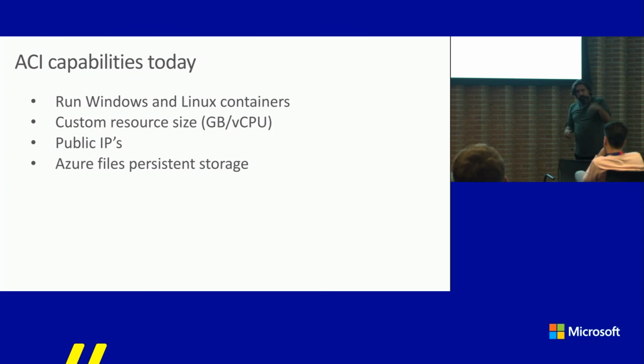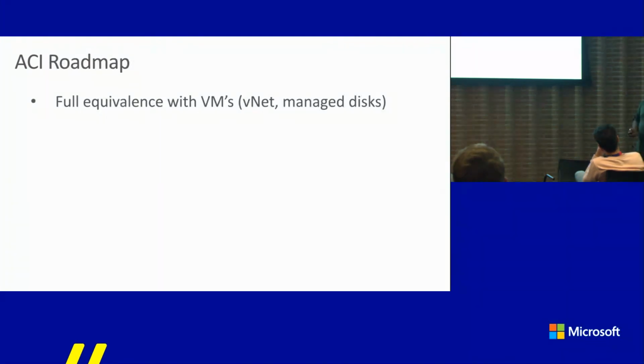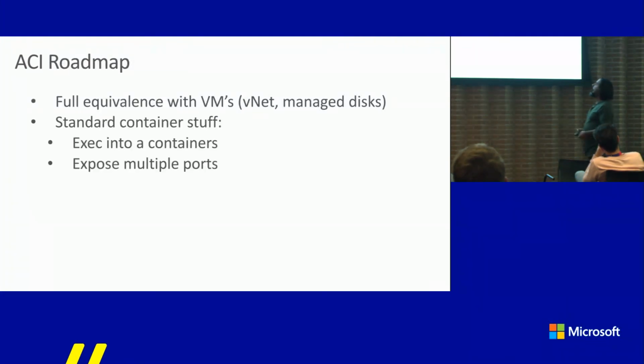So containers can share files and a file system with other containers. You can override the entry point, you can pass environment variables to the container. And you can log, like Carol showed.